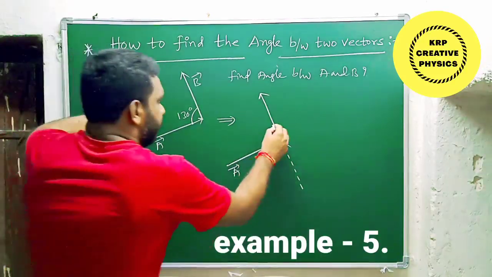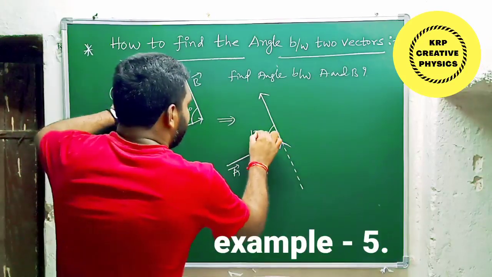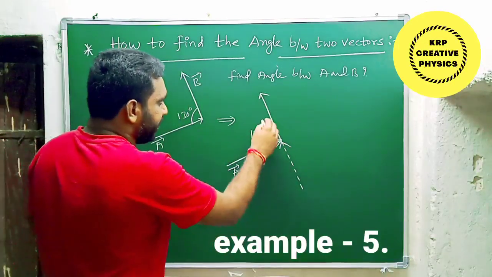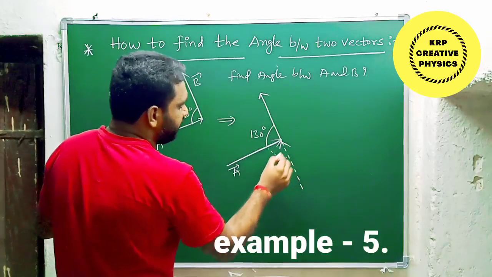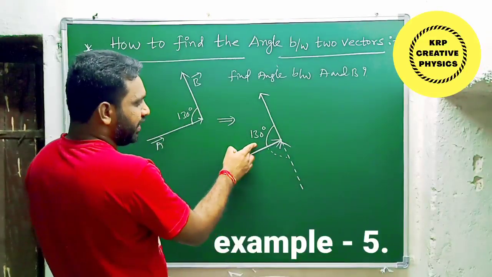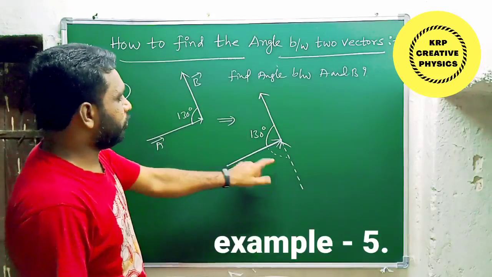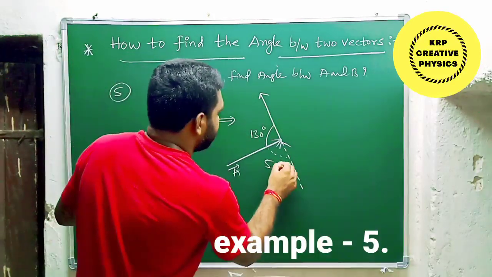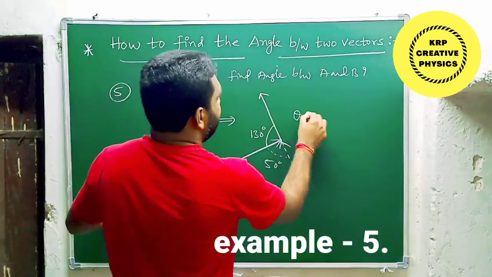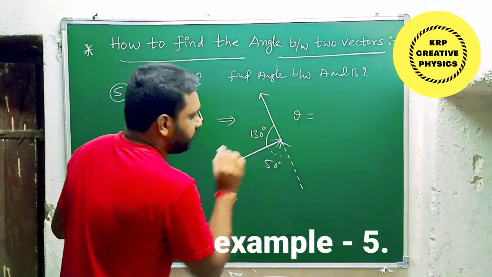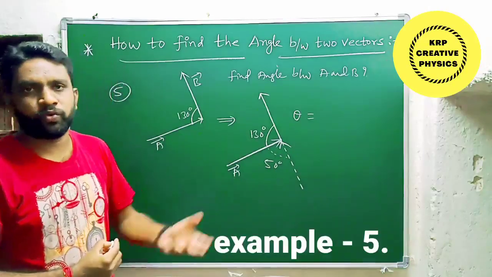As we know, the initial angle given in the question is 130 degrees. This is a complete semicircle, so 180 degrees is there. We already know from the question 130 degrees. So 180 minus 130, how much here? 50 degrees. So this is the correct angle. In this particular question I am going to take the angle between two heads. Two heads we can consider, between two tails also we can consider.